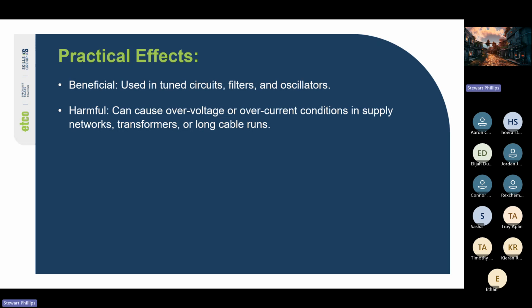Has anyone heard of the break step bridge? Oh, I guess you call it a myth, but it is technically a theory. The break step bridge.